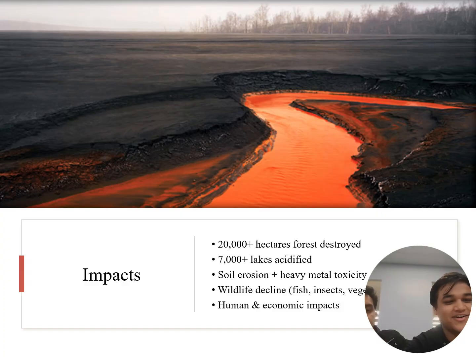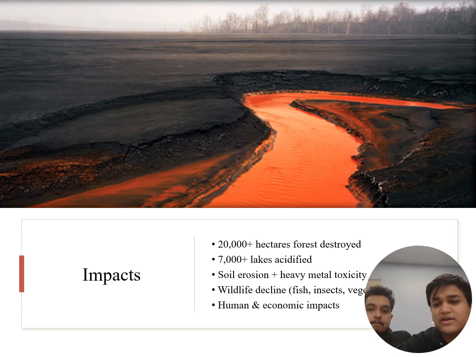Hi. Impacts. The environmental effects were extremely severe. Over 20,000 hectares of forest were destroyed due to acid rain and metal toxicity. More than 7,000 lakes became acidified, losing fish populations and aquatic biodiversity.